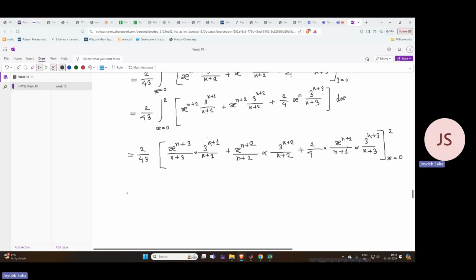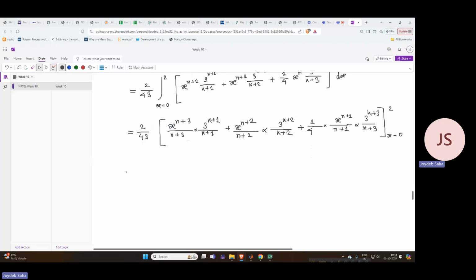so now let us put the value of x. We will get 2 upon 43.